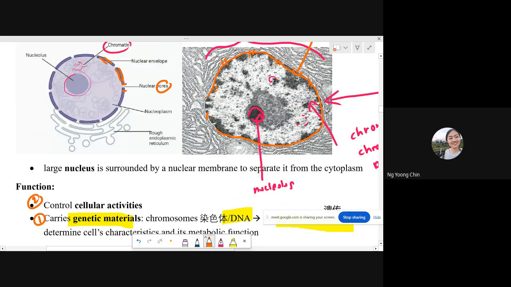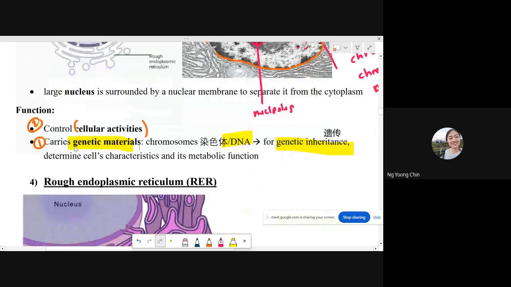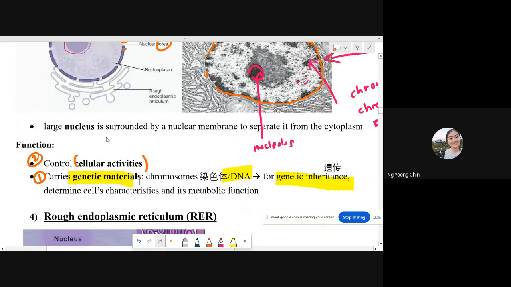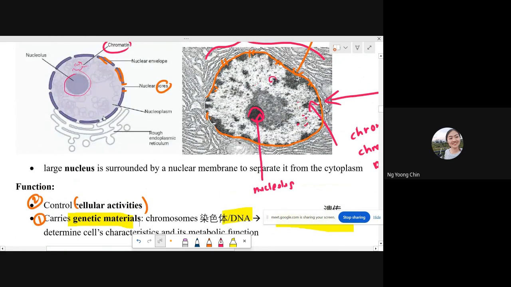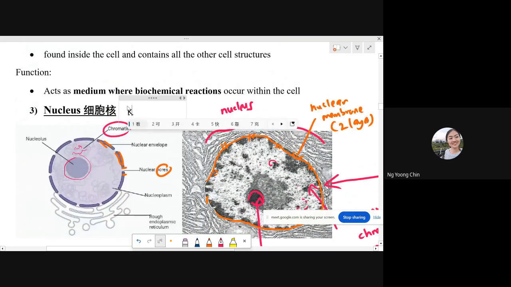The second one is that they control cellular activity. The nucleus exists in all cells except prokaryotic cells. So you can see the importance of the nucleus in controlling cellular activity. That means the nucleus is just like a king, a king of the country.